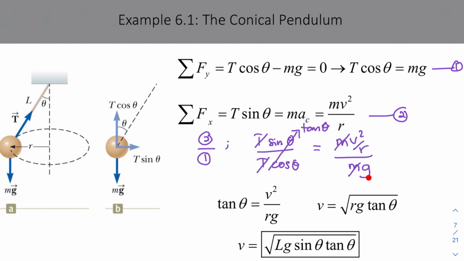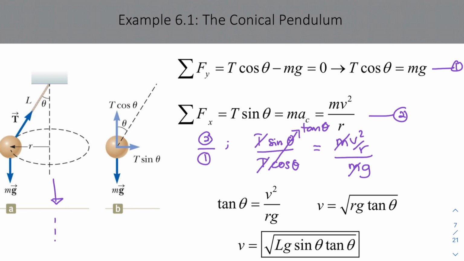From here, if we are interested in the tangential speed, then we may arrange this equation into this: v equivalent to the square root of rg tangent theta. If we want to substitute the r with the information from L, the length of the pendulum, we may put L sin theta for the r, because you have this triangle.